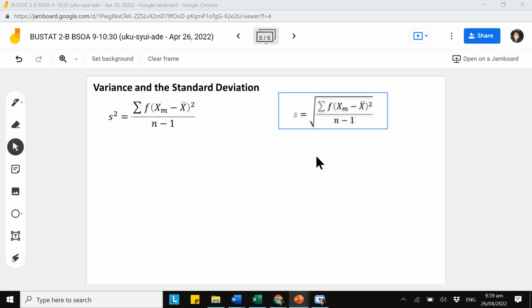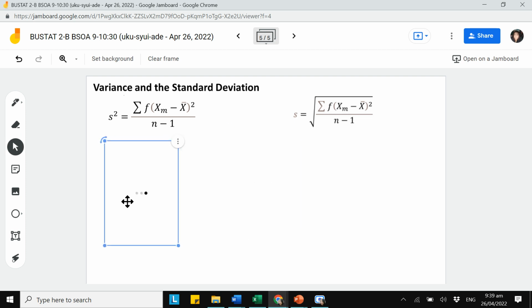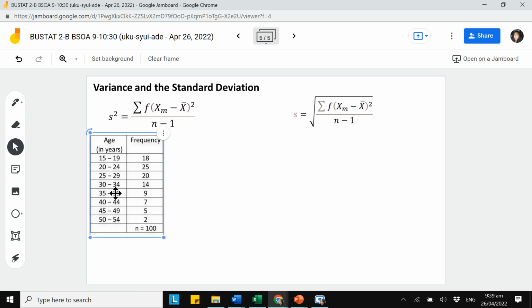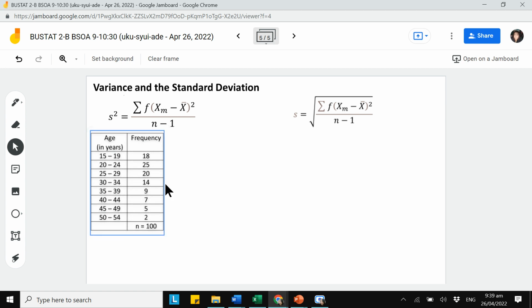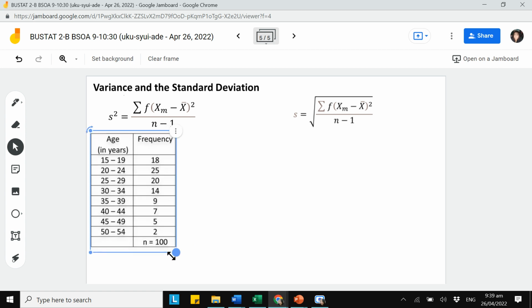So for this one, let's populate the table here. So ito yung sample table natin. So the first thing that we're going to get is the midpoint. So 1, 2, 3, 4.